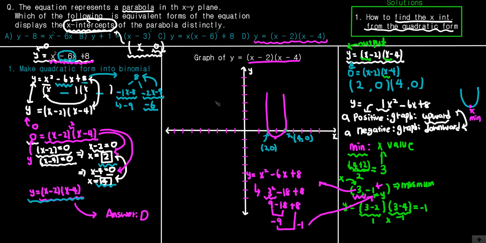So we can clearly see that y is equal to x squared minus 6x plus 8 and y is equal to x minus 2 times x minus 4 are the same, just another way to show it, and there are different ways that we use them.